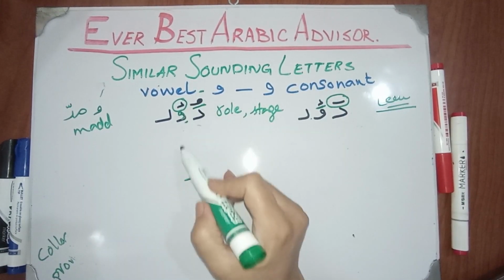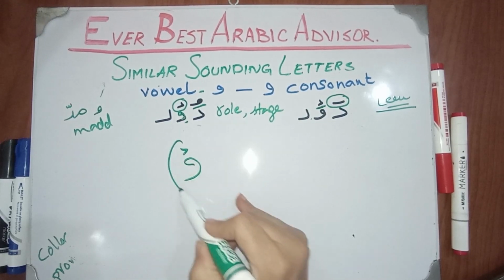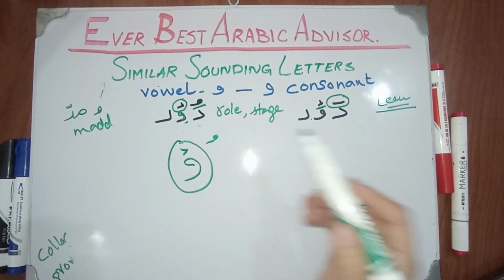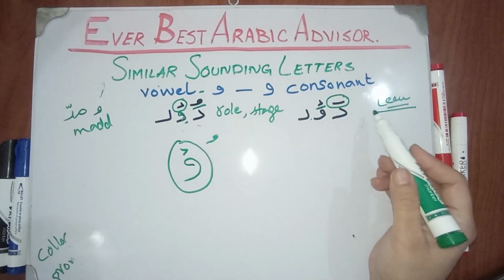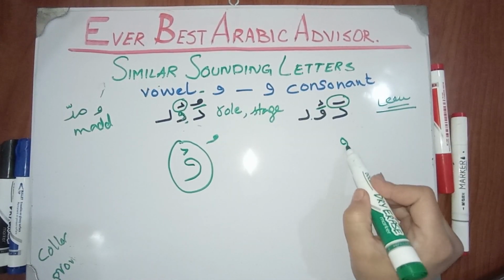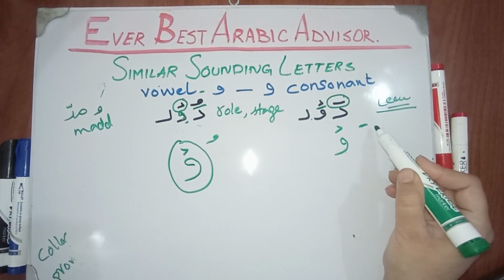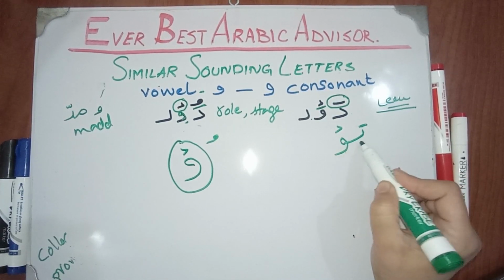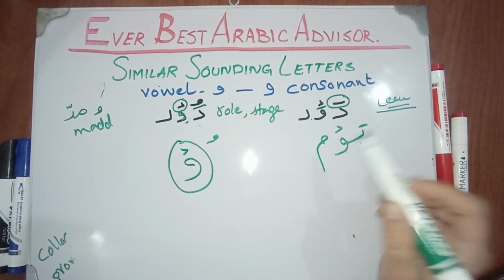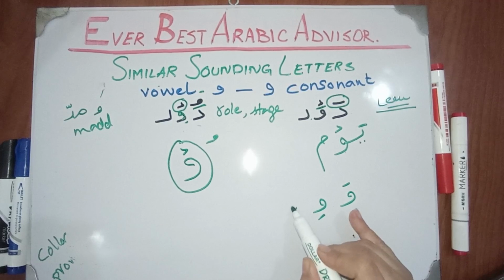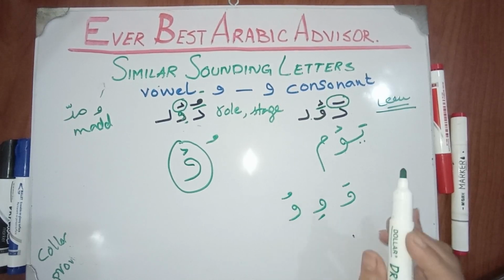Waw for a vowel must have the sukoon sign and be preceded by dumma. But for a consonant, there are two types. One is lean, in which waw sukoon is preceded by fatha, just like in yaum. And waw may have fatha, kasra, or dumma.